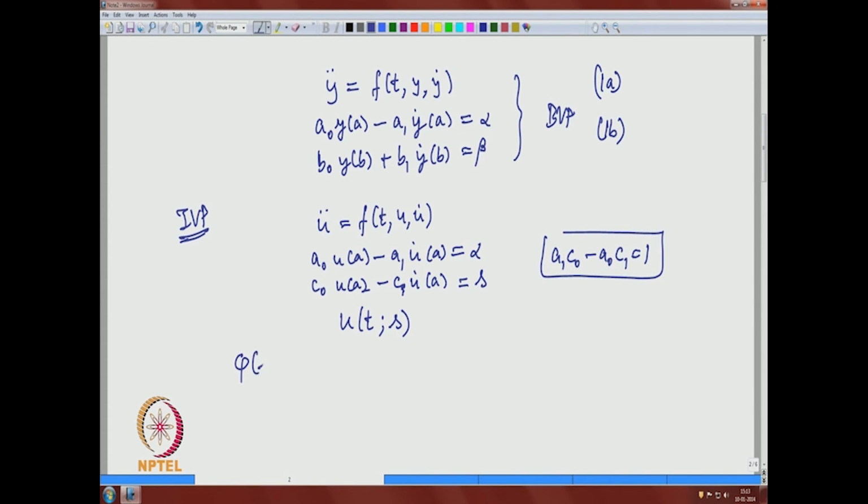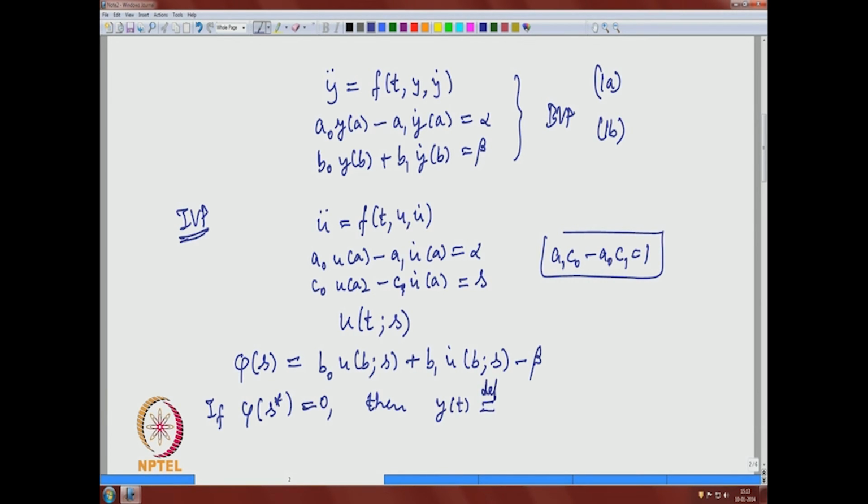then we found this function coming from the second boundary condition, phi(s) = b0 u(b, s) plus b1 u dot(b, s) minus beta, and whenever there is a root, so if phi(s star) is 0, then y(t) defined by, so this is the definition, u(t, s star) solves BVP 1.